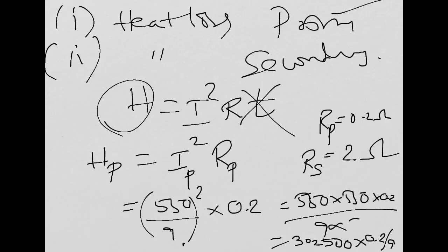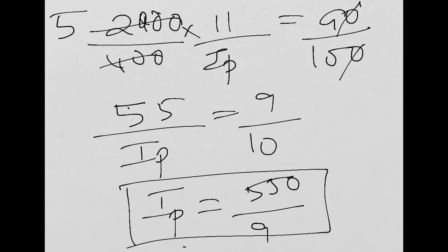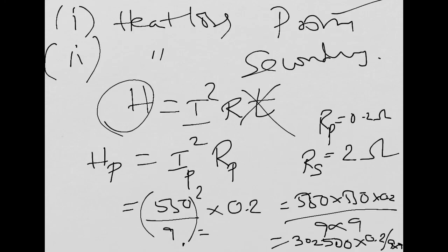Oh, we have 9 into 9 at the base. Okay, so on calculating, we're going to get the answer as 747. Power loss, no? So it's going to be in watts.